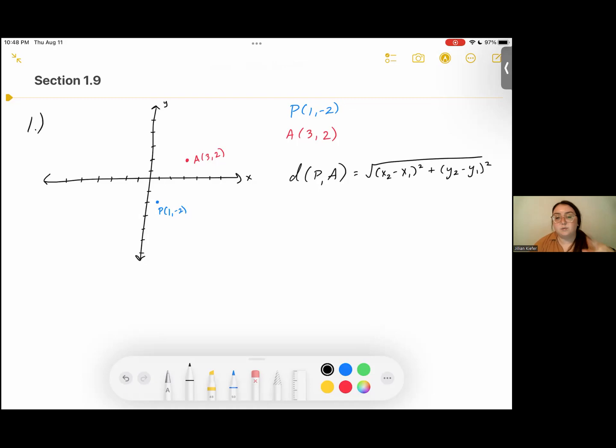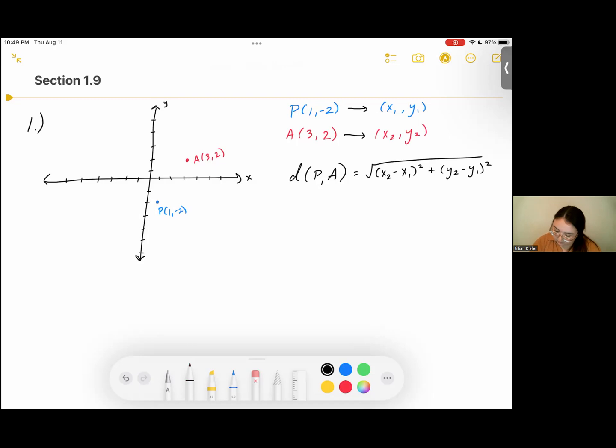So if we know that this is the formula for the distance, we want to figure out what is going to be our first point, x sub 1 and y sub 1, and what's going to be our second point, x sub 2 and y sub 2. So let's label P as x sub 1 and y sub 1, and A will be x sub 2, y sub 2.